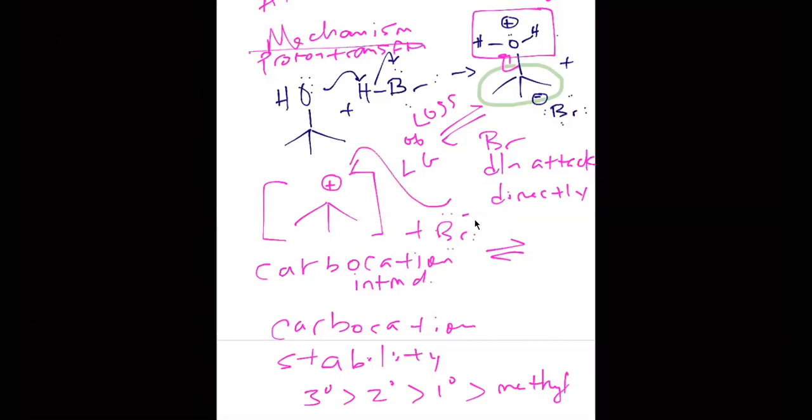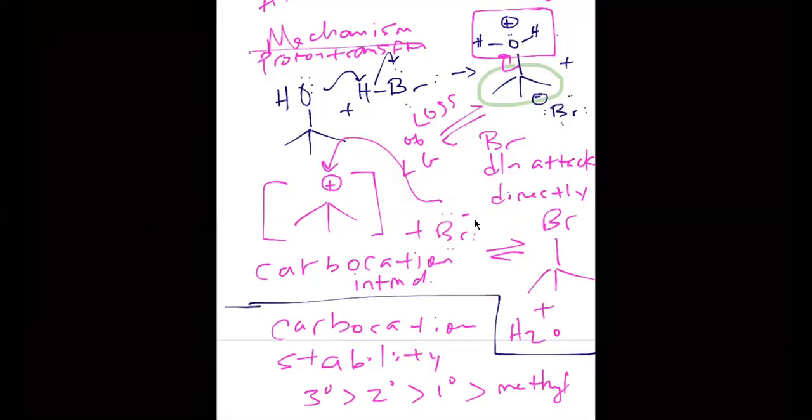But I want to attack that, and that's going to give me my product plus water. Right? So proton transfer, loss of leaving group, and then formation of the carbocation. Mhm. And then, I'm sorry, carbocation formation, and then attack of the bromine nucleophile.